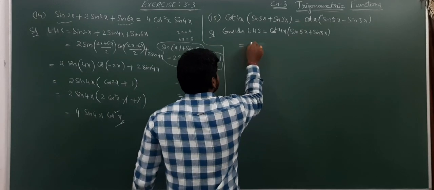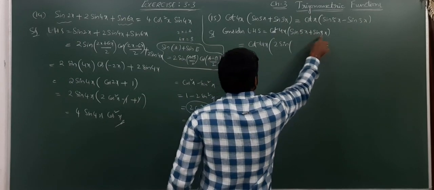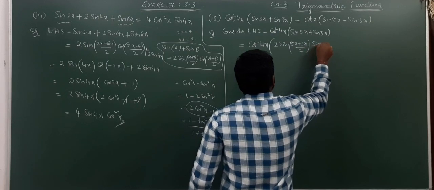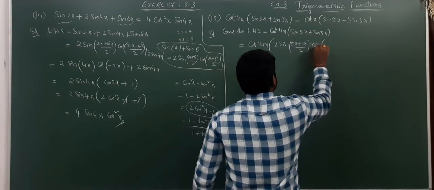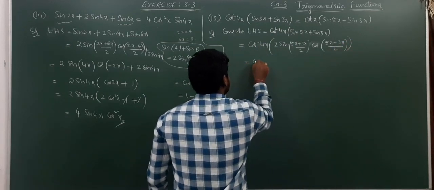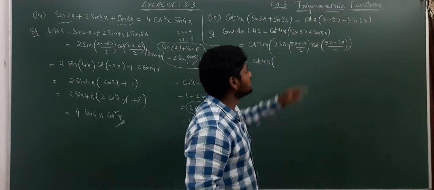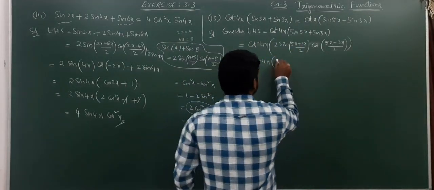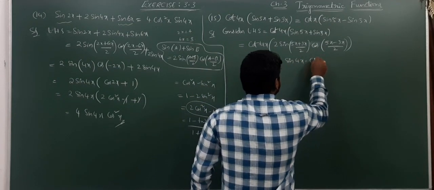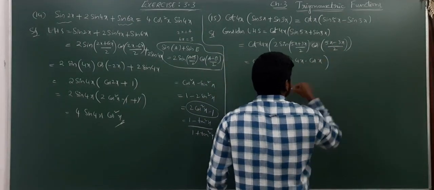Substituting that, cot 4x into 2 sin (5x plus 3x) by 2 into cos (5x minus 3x) by 2. So this will be cot 4x into 2 sin of 8x by 2, which is 2 sin 4x, into cos of 2x by 2, which is cos x.